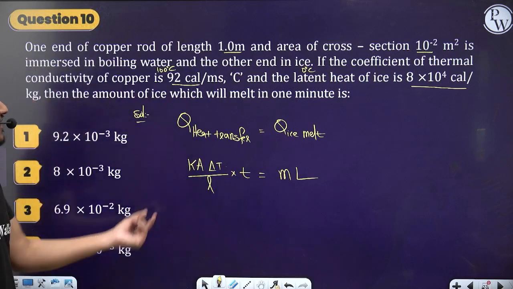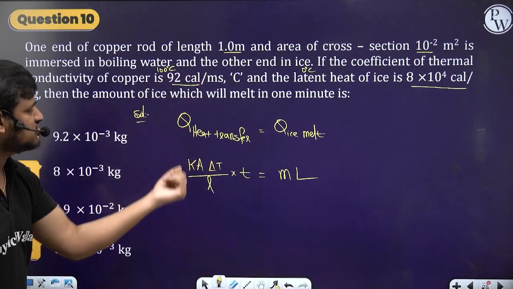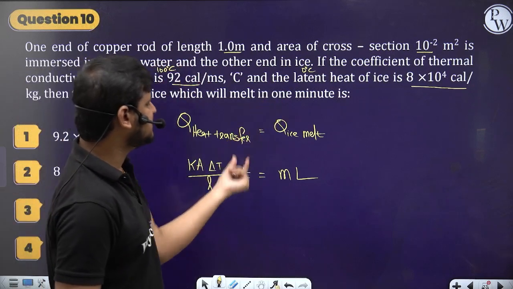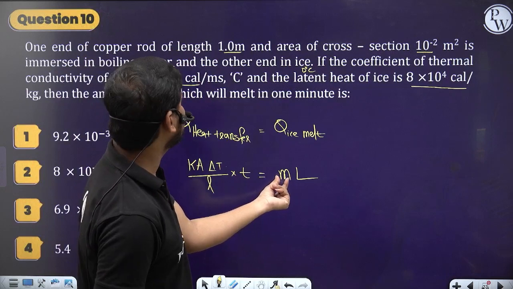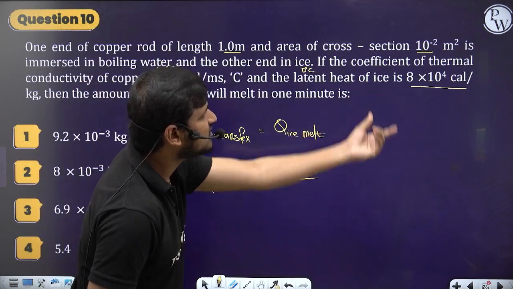So you know all the values: K value you know, area we know, delta T temperature difference also we know, the length also we know, and time 1 minute is 60 seconds. What we have to find is how much ice will melt, small m, and capital L is also given in the question.